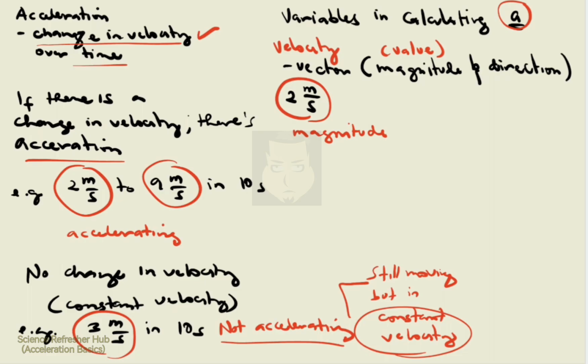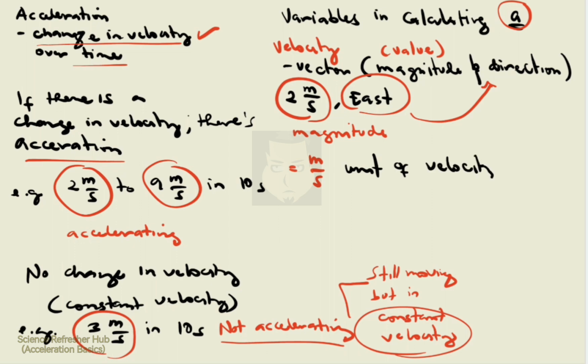And since velocity is a vector, therefore it must have direction. Let's say, for example, east. So east is the direction. That's velocity. And the unit of velocity is meter per second. Always remember, meter per second, of course, plus direction.